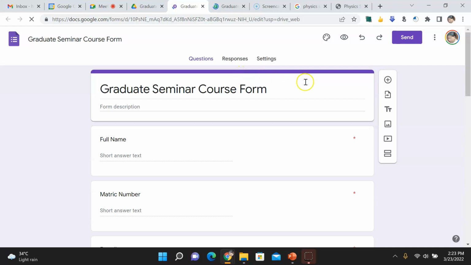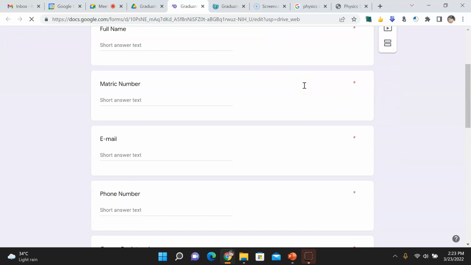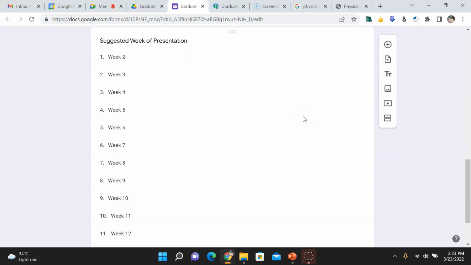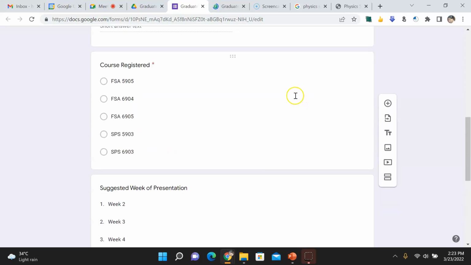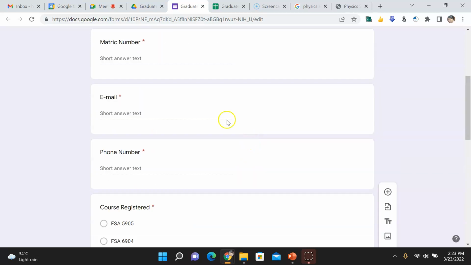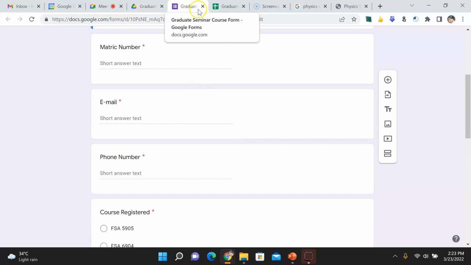It asks for your full name, matric number, email, phone number, and the course that you are registered for, and then a suggested week for your own presentation. I will need to know this because if everyone wants to do the last week, I cannot allow that to happen. So please fill up this Google form.